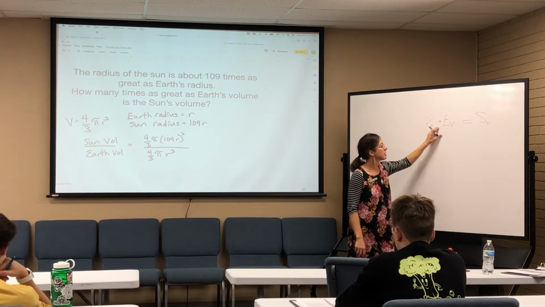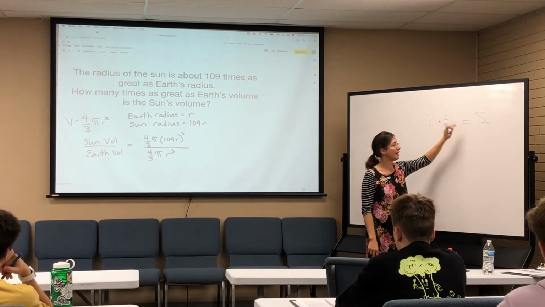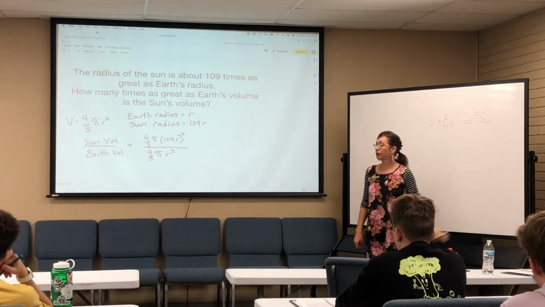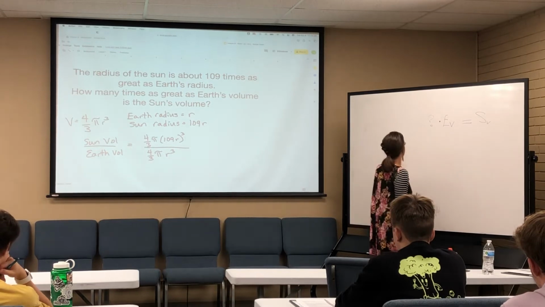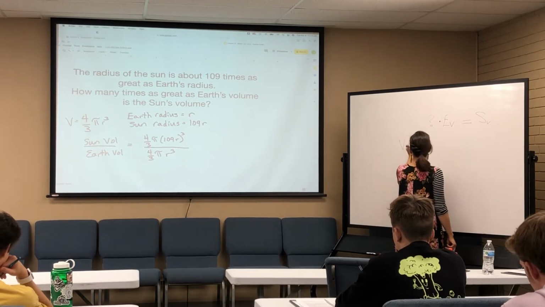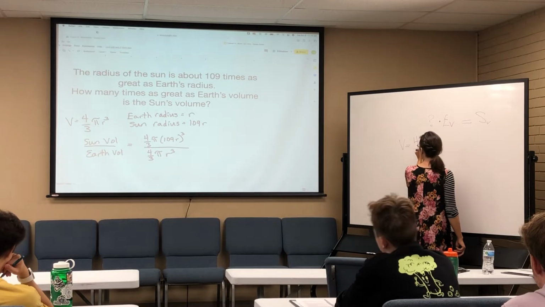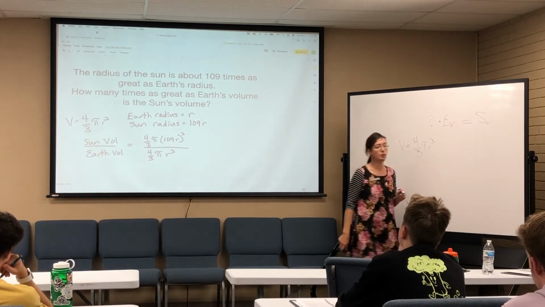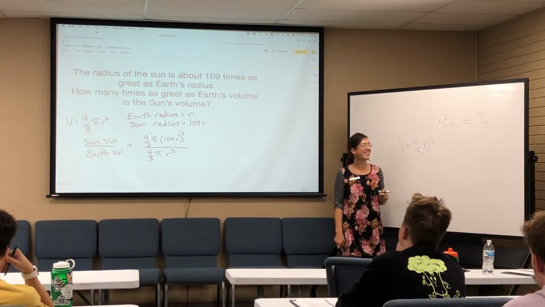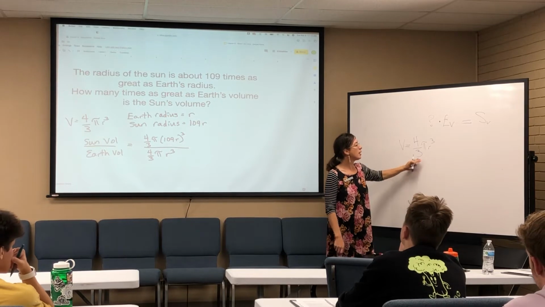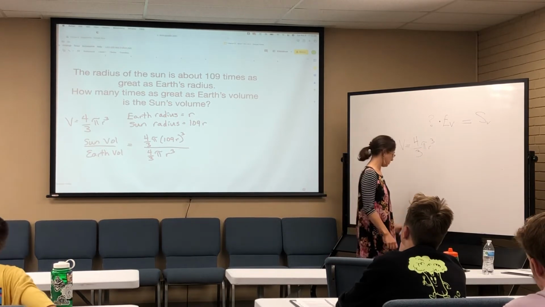How many times of the Earth's volume is the sun's volume? Well, what do I know? Volume of a sphere is 4/3 pi r cubed, if you've been in geometry yet. So now I just get to plug that information in.